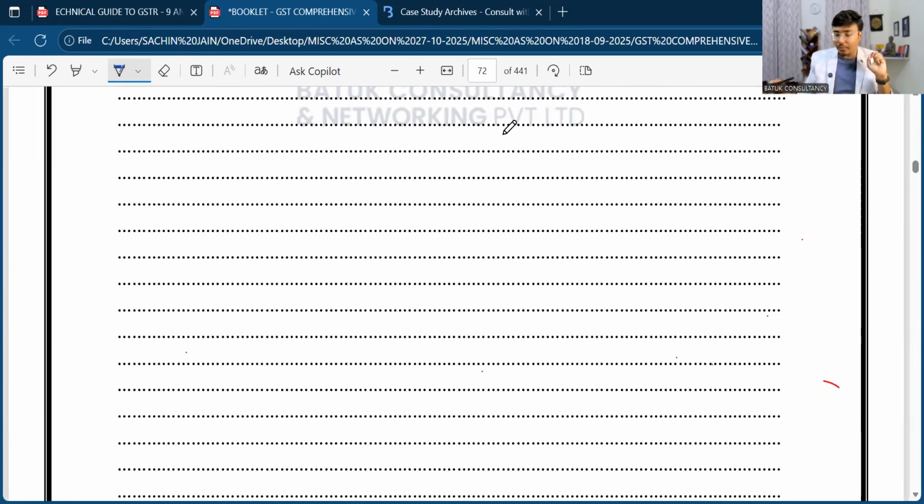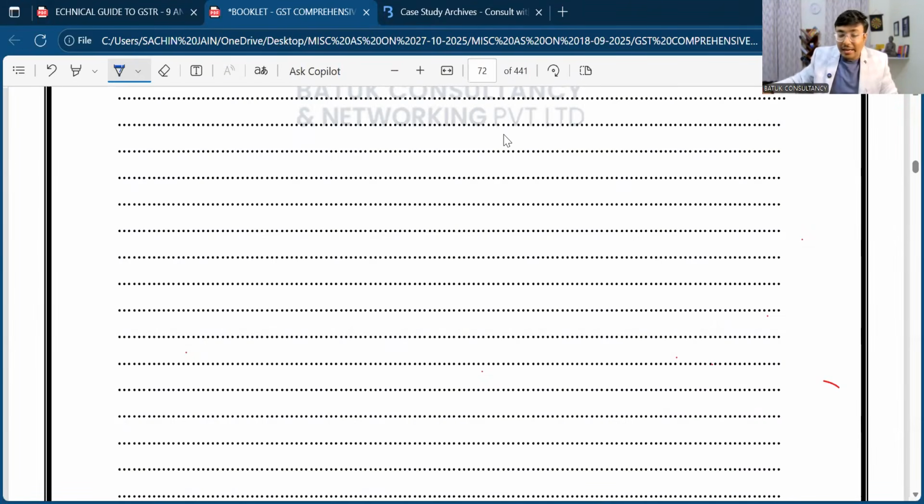Now the question is that while filing the 3B or 1 return, I am just providing the figures in 3B, and in 1 I am providing the invoice wise details of the sales. Okay, in my books of accounts, what I am providing, my sales, my purchase, my expenditure. Okay, and at the end government is required the reconciliation.